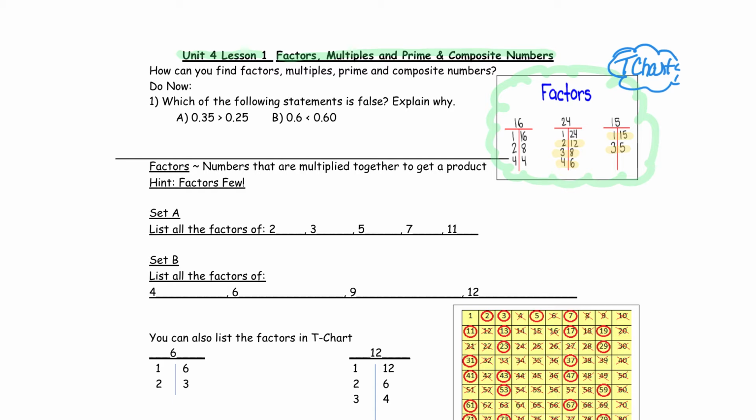For set A, they want you to list all of the factors of the following numbers. We have 2, 3, 5, 7, and 11. I'm wondering if you notice anything right off the bat.